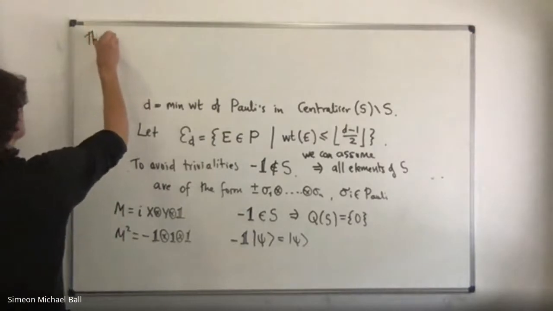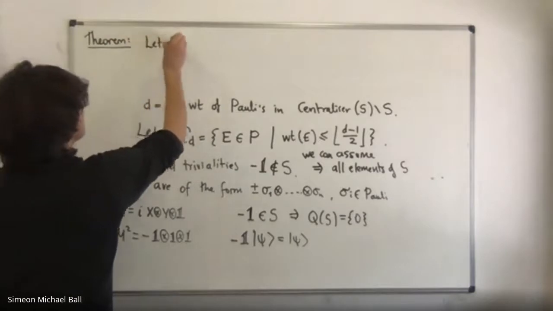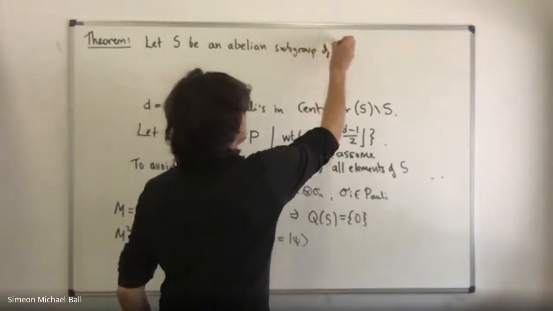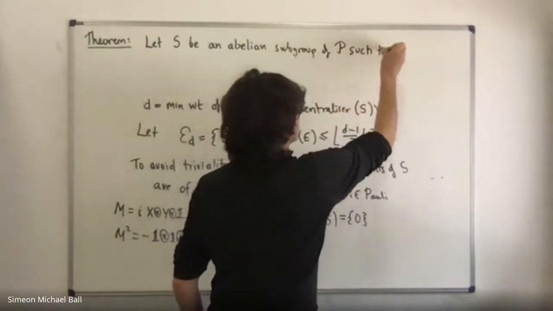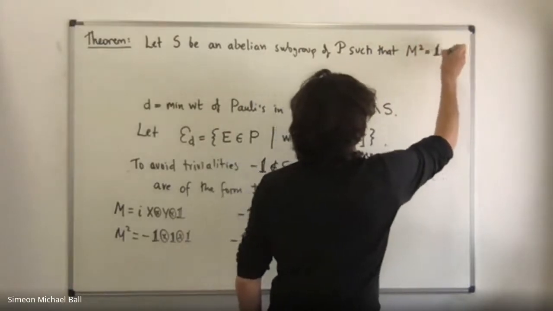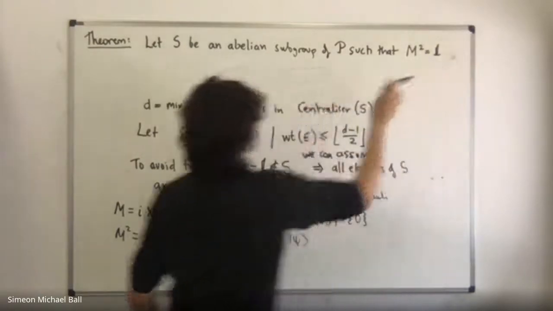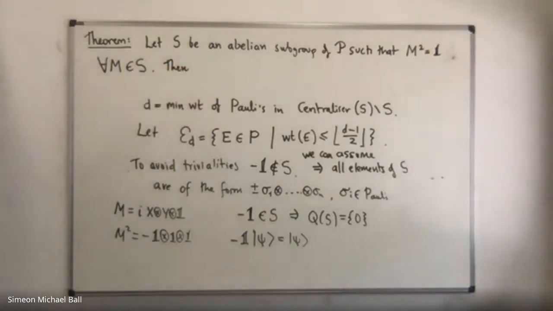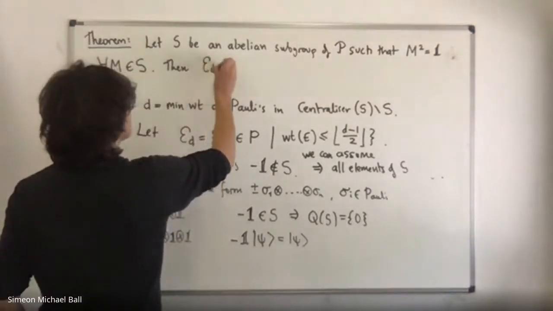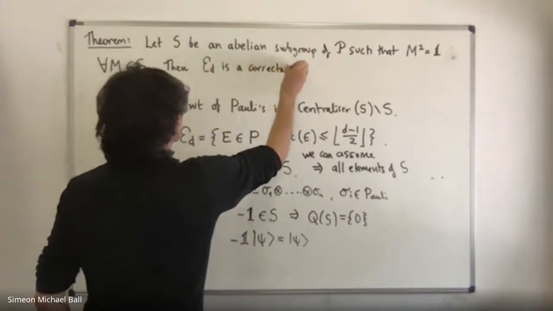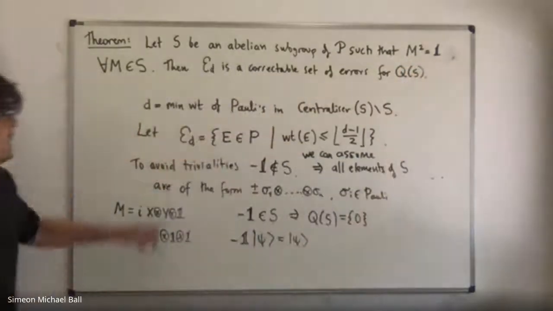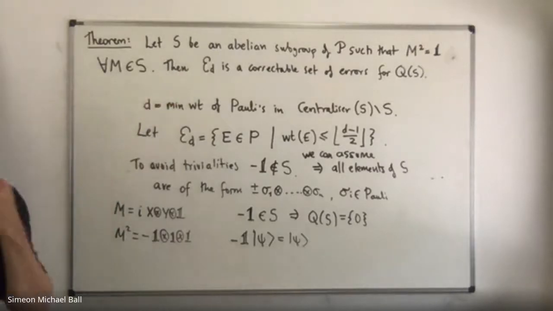So we can do it, yeah, theorem. It is an abelian subgroup P such that... So then this ED that we defined here is going to be a correctable set of errors for QS.